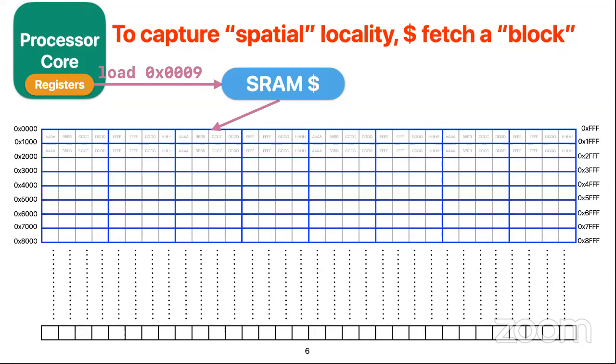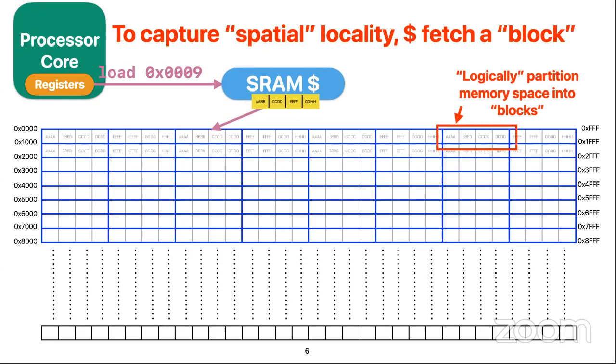So the basic idea of cache is like this. We logically partition the memory space into blocks. And every time you are looking for something, if it's not in the cache, we will load the whole cache block containing the word, or say the byte or the data that you are requesting, from the memory abstraction to your cache.